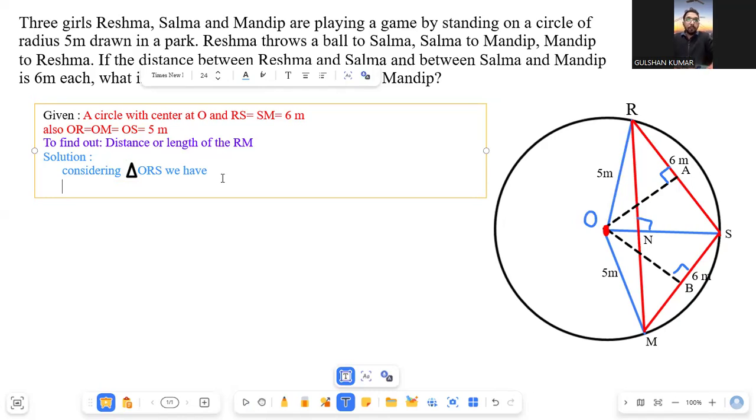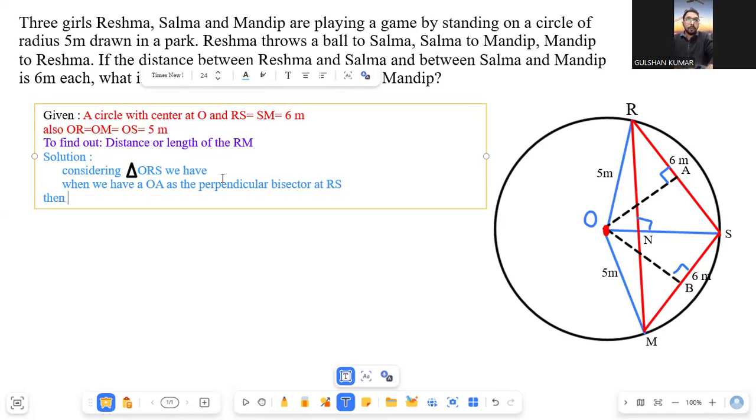So when we have OA as the perpendicular bisector of RS, then RA equals AS. Is it clear here?